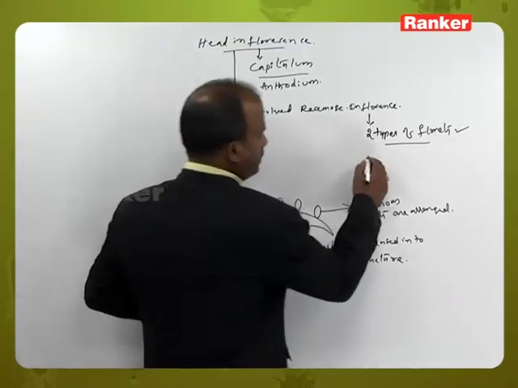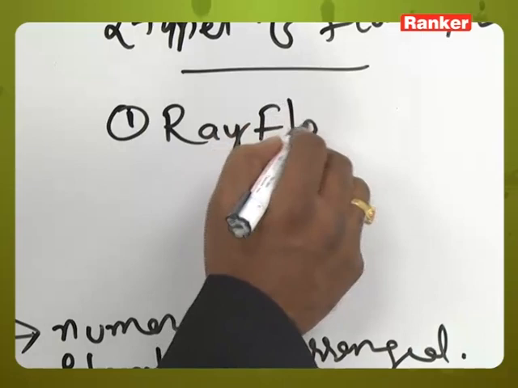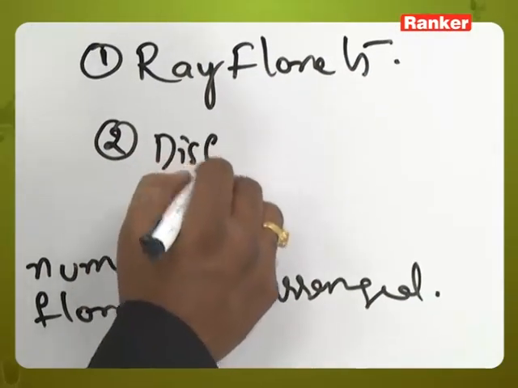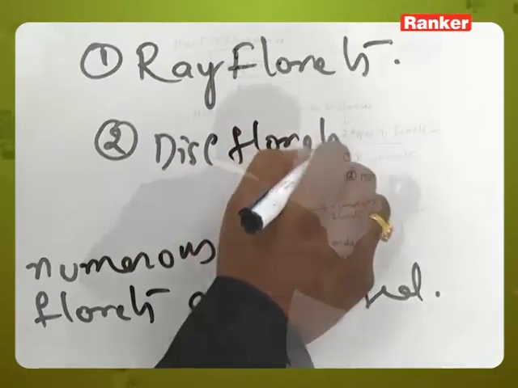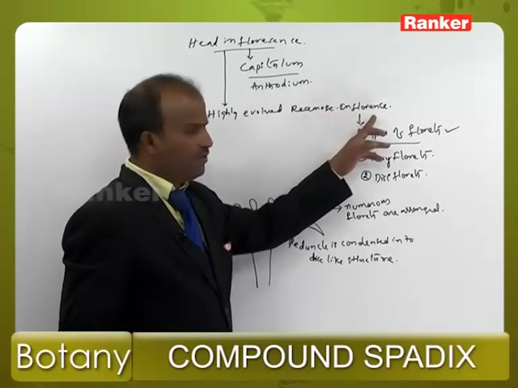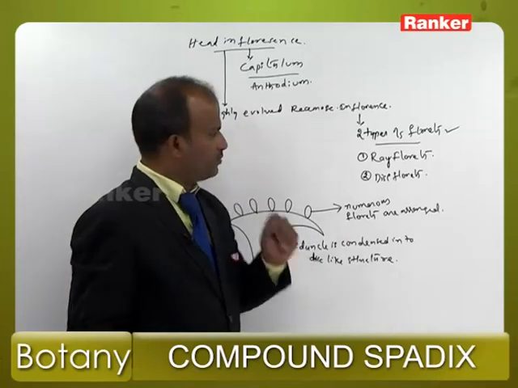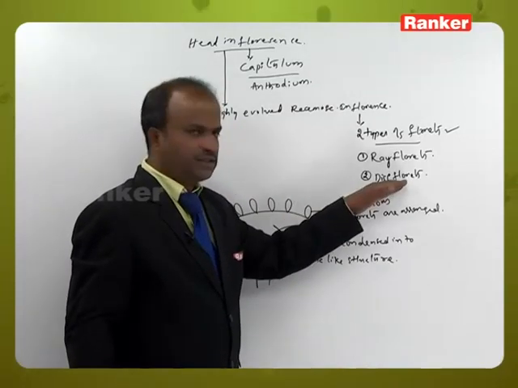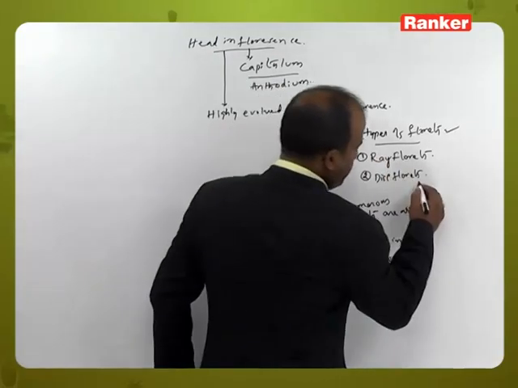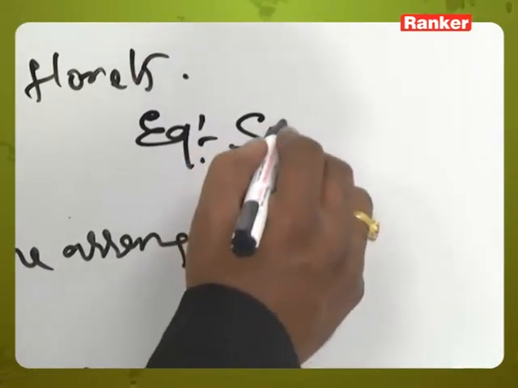The first one is ray florets, and the second one is disc florets. Examples for this head inflorescence: the first example is nothing but sunflower.